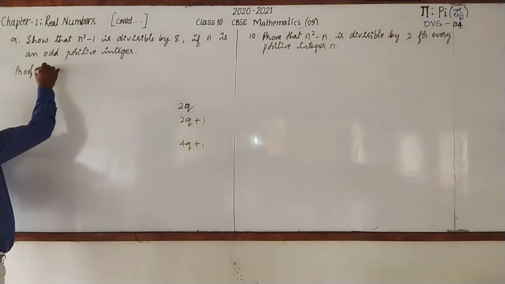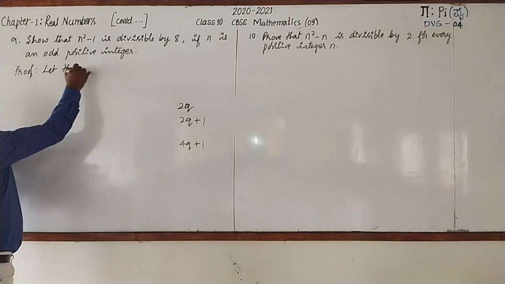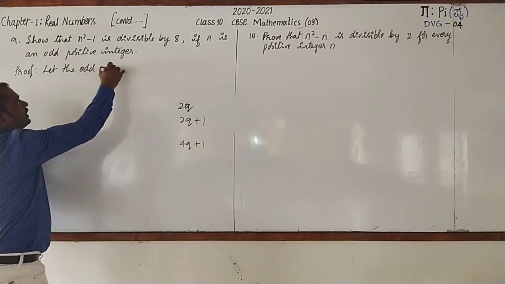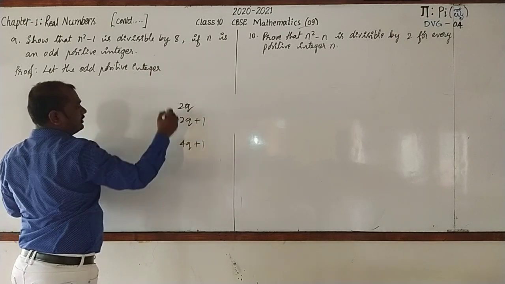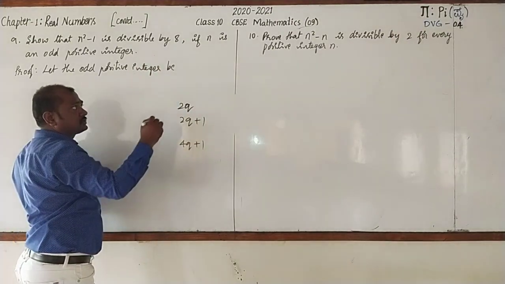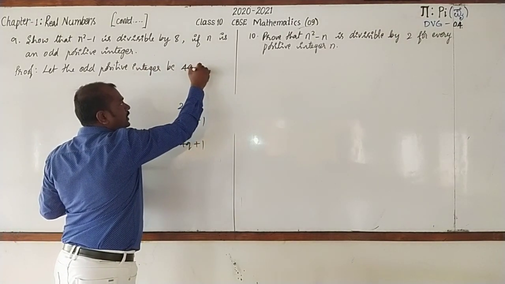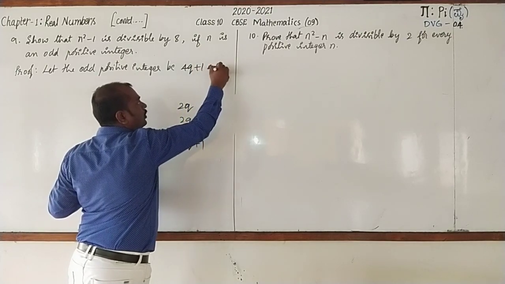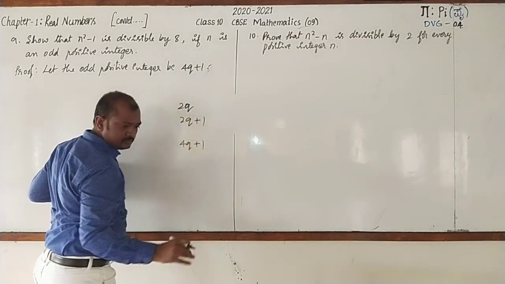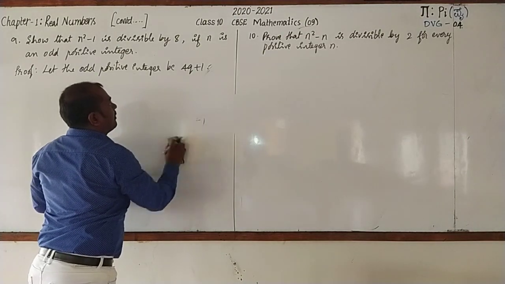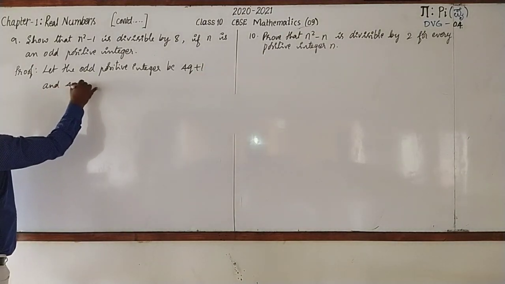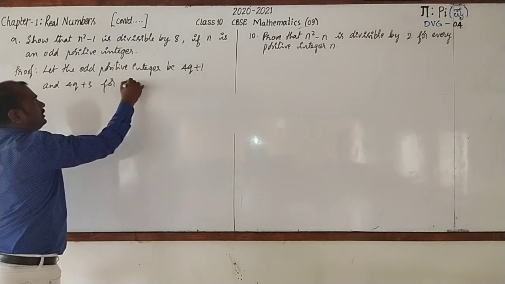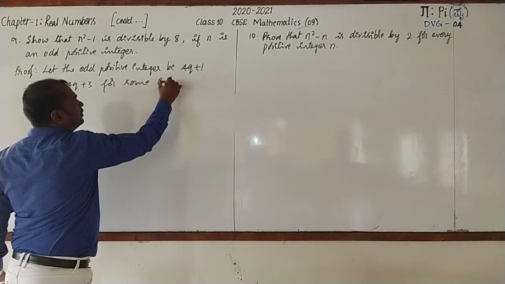Therefore, I'll write, let the odd positive integer be, what are those? 4q plus 1 and 4q plus 3 for some integer q.